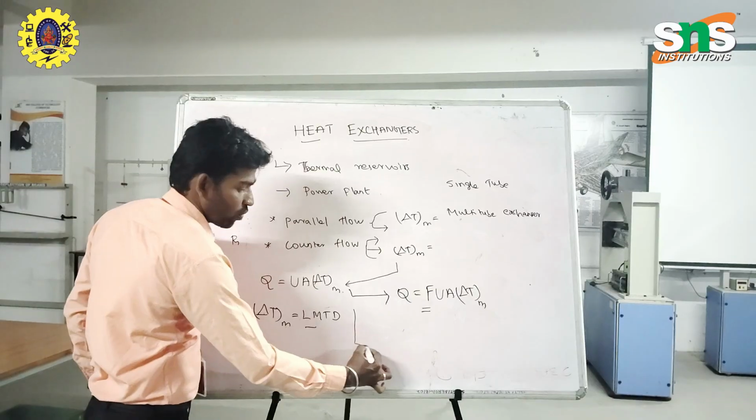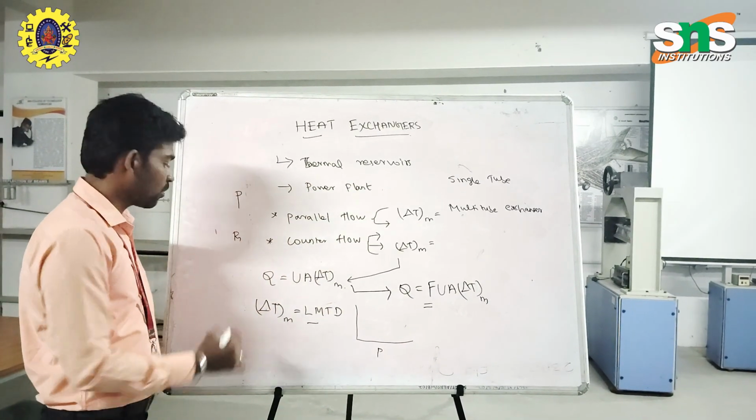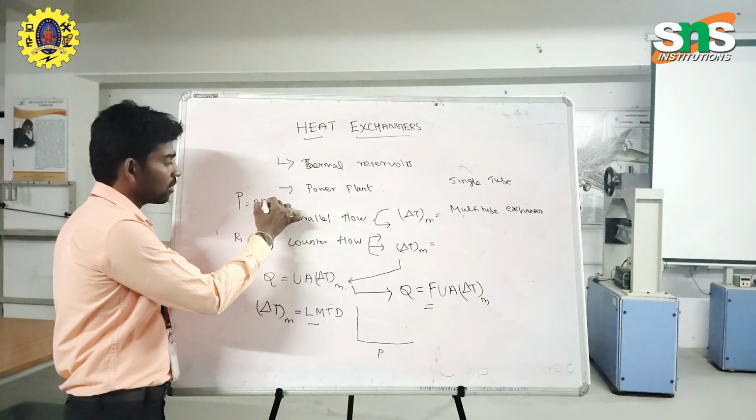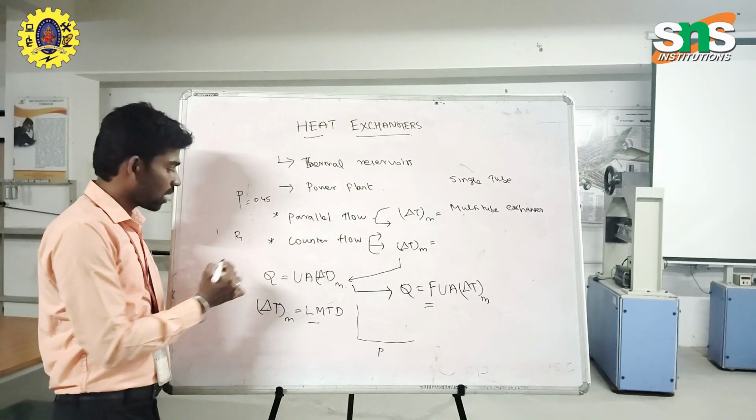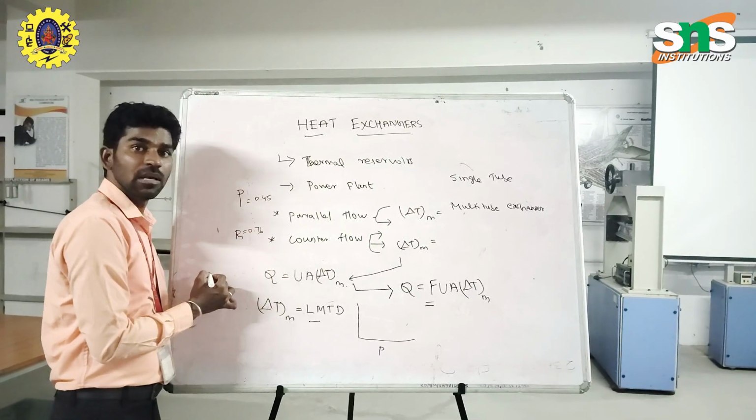Here P is 0.45 and the R curve value is 0.76.